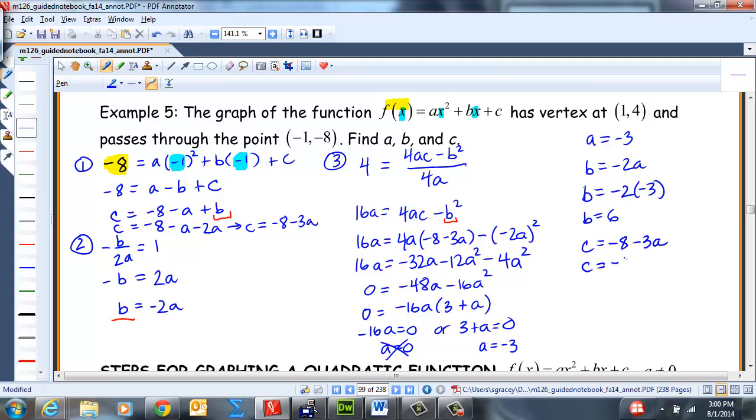So c will be negative 8 minus 3 times negative 3. So c will be, let's see, what's that going to be? Negative 8 plus 9, so it'll be 1. So at the end of the day, a is negative 3, b is 6, and c is 1.